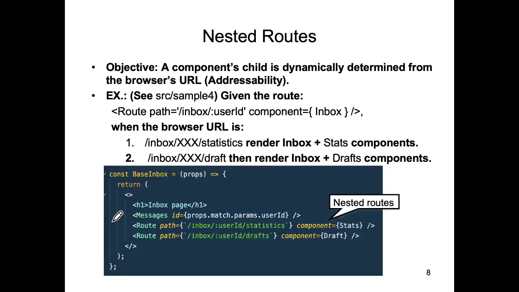The assumption now is, of course, that this component will be mounted if the URL address begins with /inbox/whatever. And what these two entries are now saying is that if there's an additional part onto the URL address, then mount these additional components as a result.